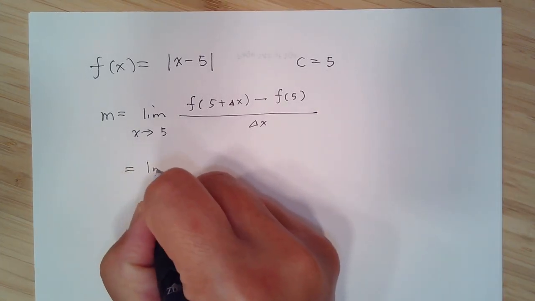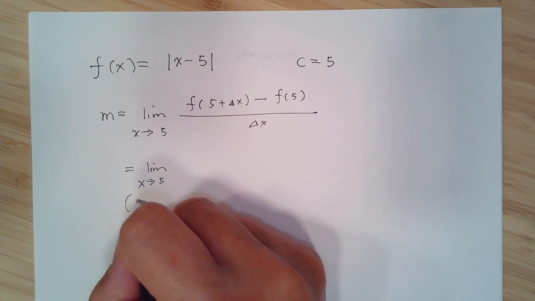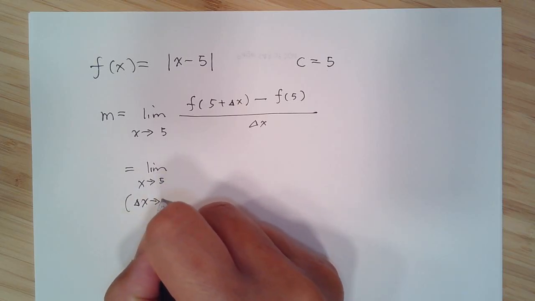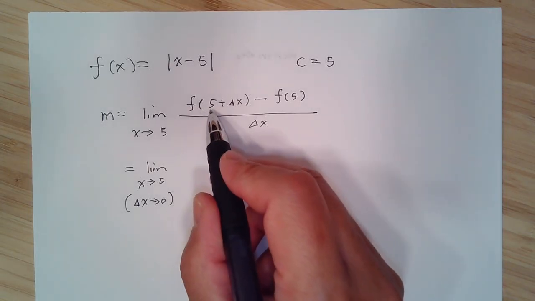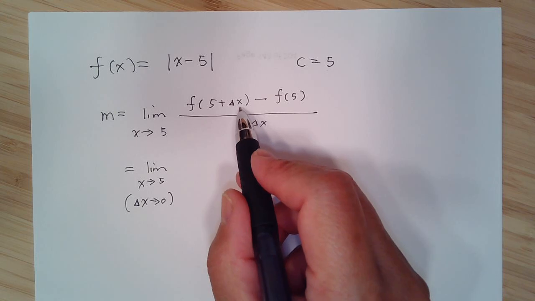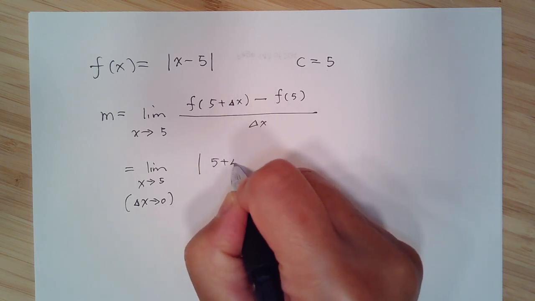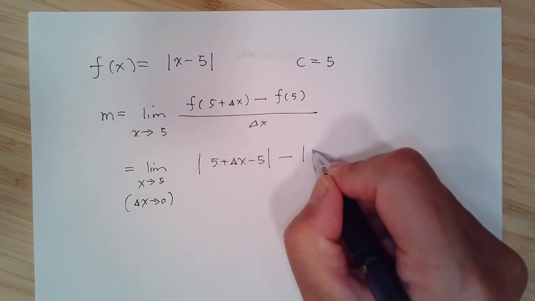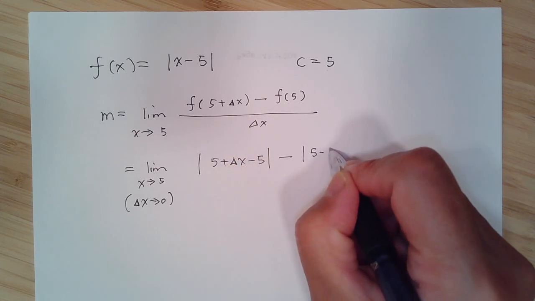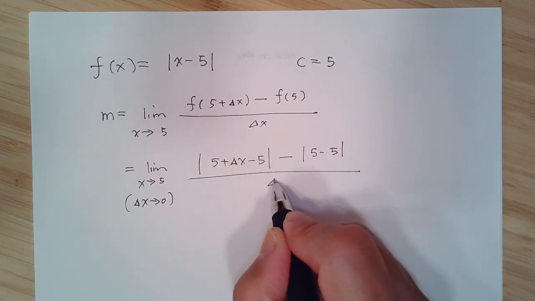So that limit, x approaches 5, is the same as delta x approaches 0, right? Is that the same thing? Yeah, it doesn't matter which way you write it, it's the same thing. And then f of 5 plus delta x absolute value. So that would be the absolute value of 5 plus delta x minus 5, minus the second one, the absolute value of 5 minus 5, and over delta x.